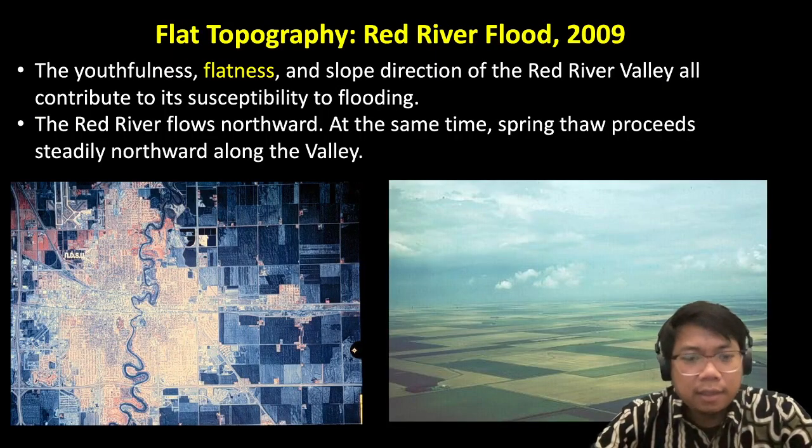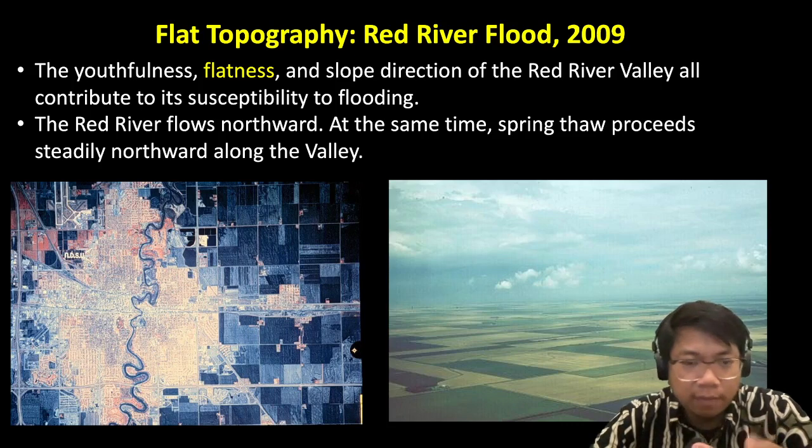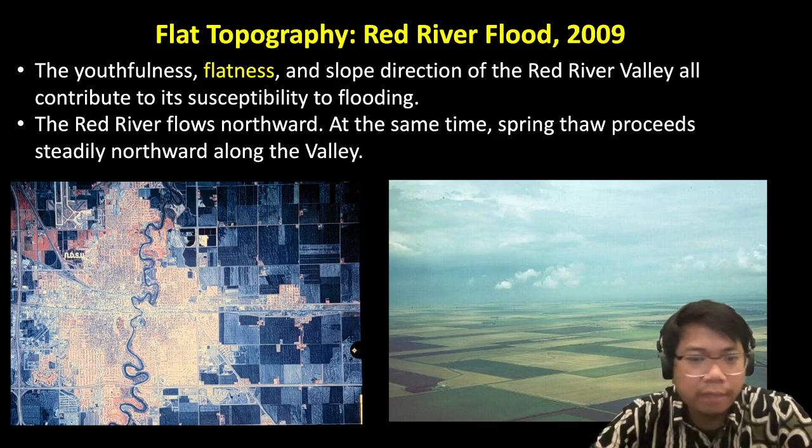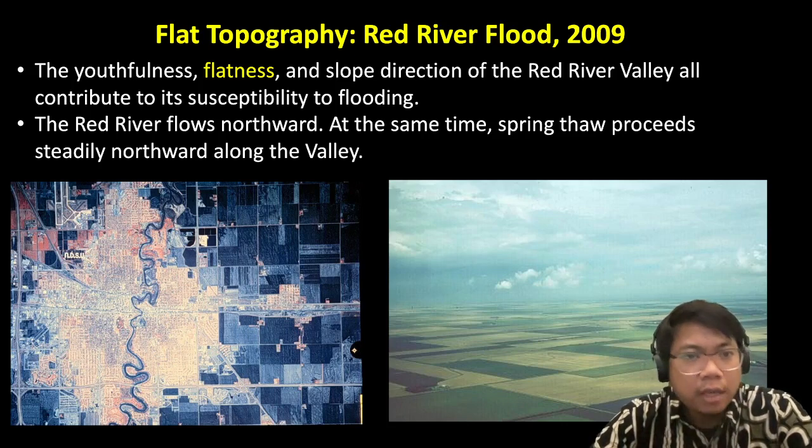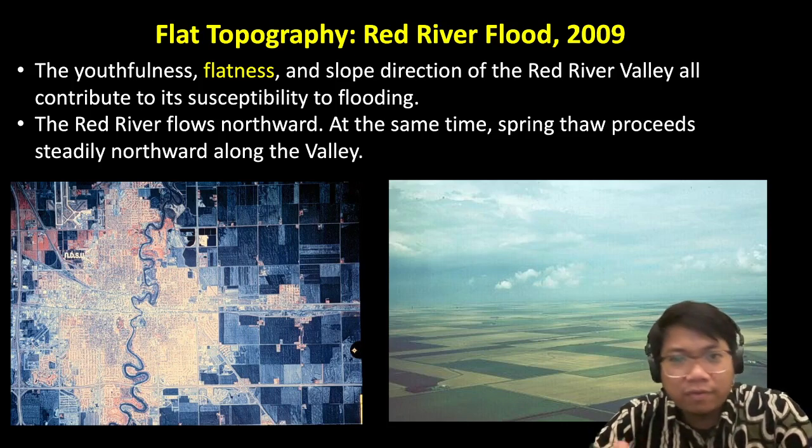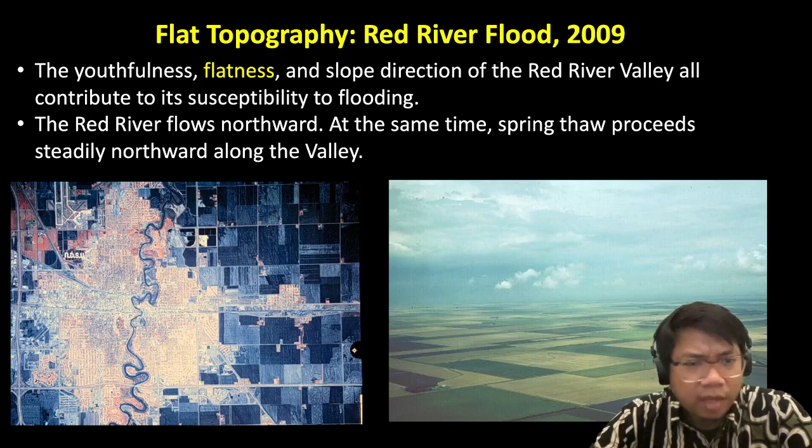All right, another case study that I would like to mention here is flat topography. Remember that topography is one of the main factors that could influence flooding. In the Red River flood, the youthfulness, the flatness, and the slope direction of the Red River Valley all contribute to the susceptibility to flooding.